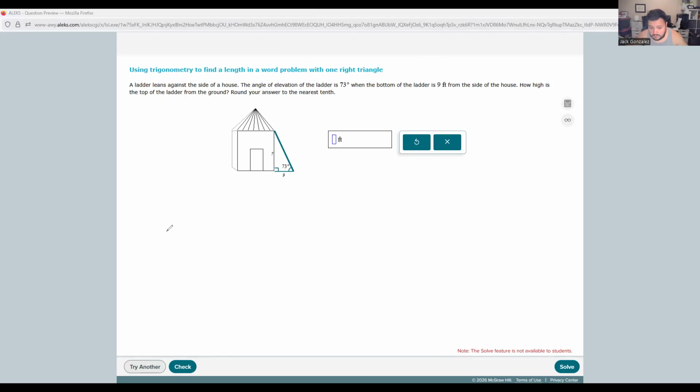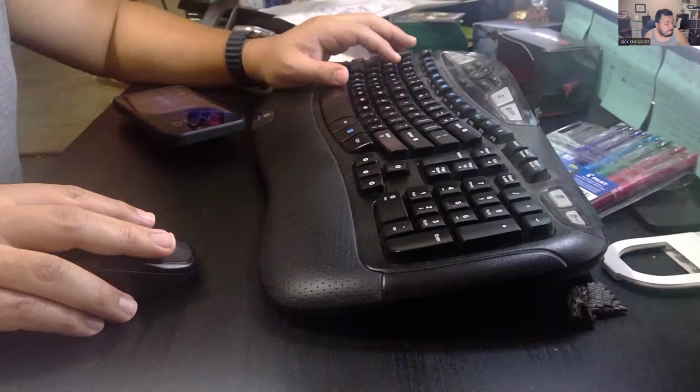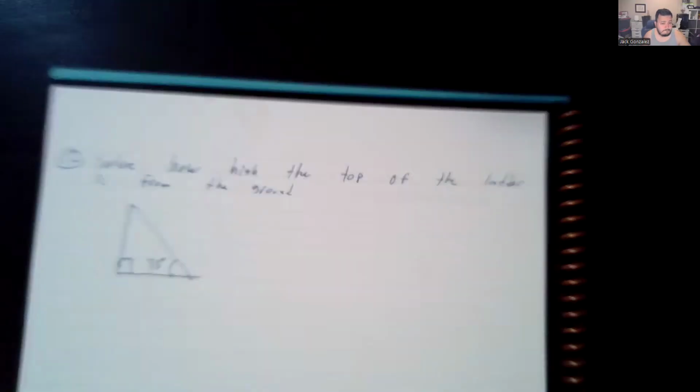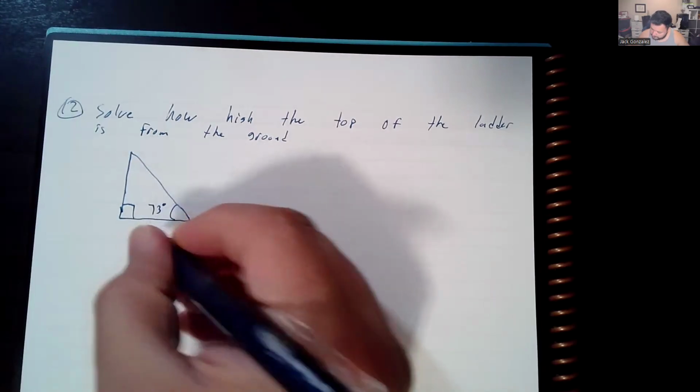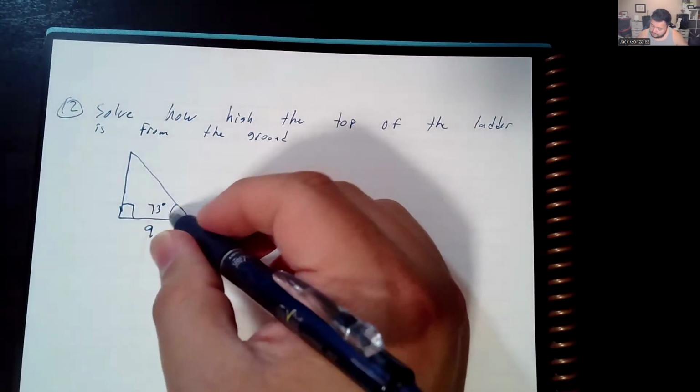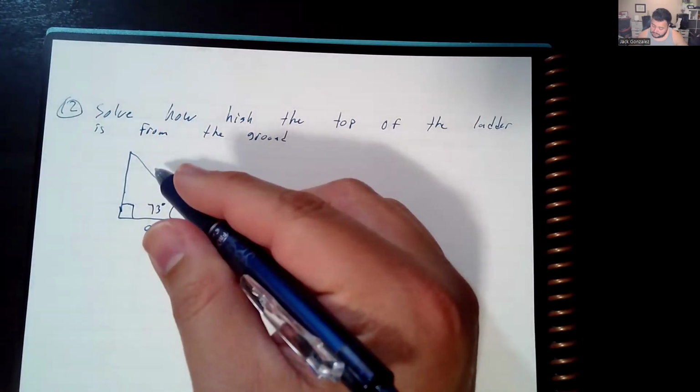Oh, you guys didn't draw this. This is a triangle from the picture. So we got adjacent, and we want to know the opposite.